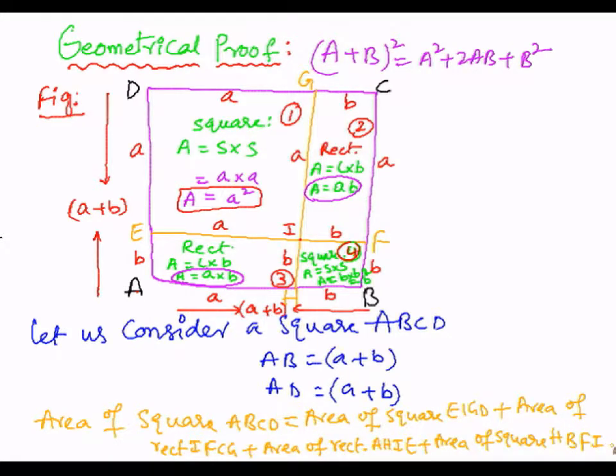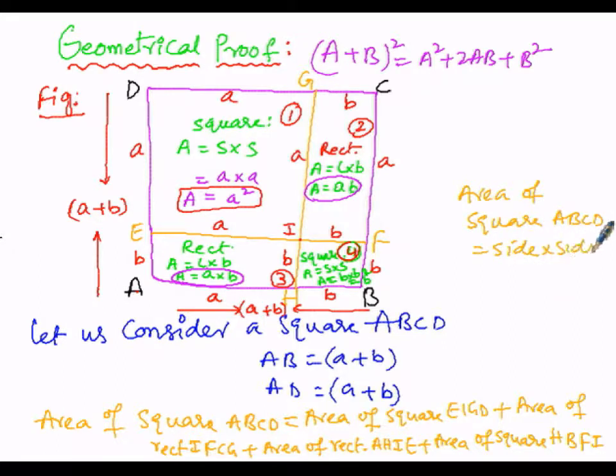Now the area of the square ABCD is nothing but, so one side is A plus B, another side is A plus B. Since it is a square, all the sides will be equal. So the area of the square ABCD is equal to side into side.